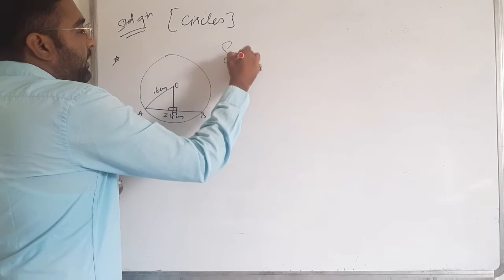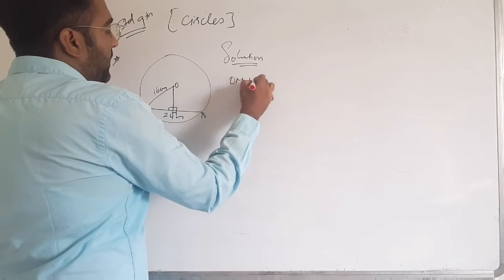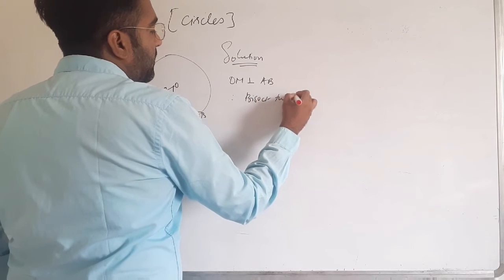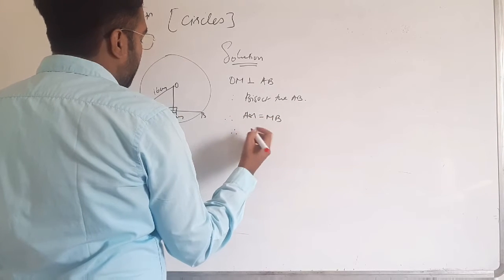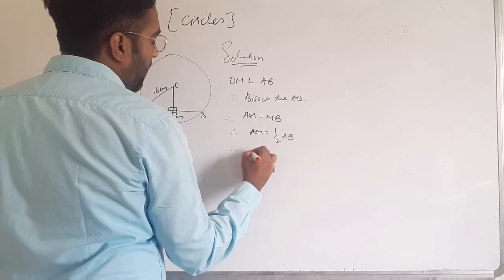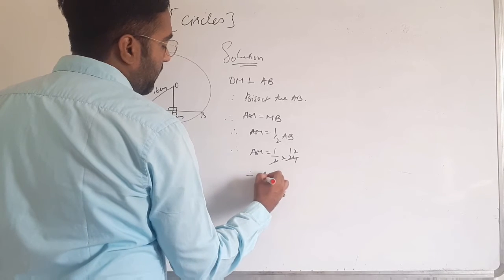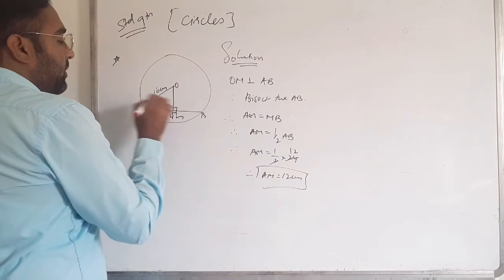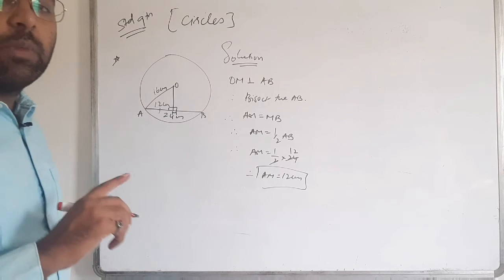So I'll directly write the answer. ON is perpendicular to AB, so it bisects AB, so AM is equal to MB, so AM is equal to half of AB, so AM is equal to half into 24, so 2 12s are 24, therefore AM is equal to 12 centimeter.